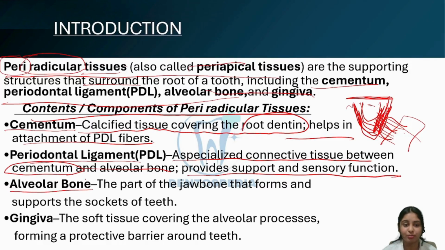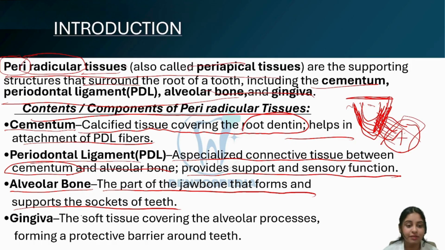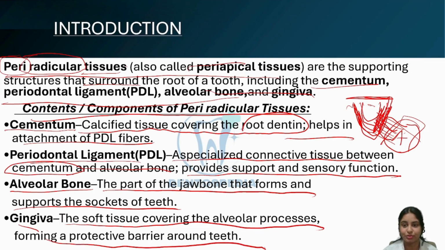Alveolar bone is a part of the jawbone that forms and supports the socket of the tooth. While gingiva is the soft tissue covering the alveolar process, forming the protective barrier around the tooth.